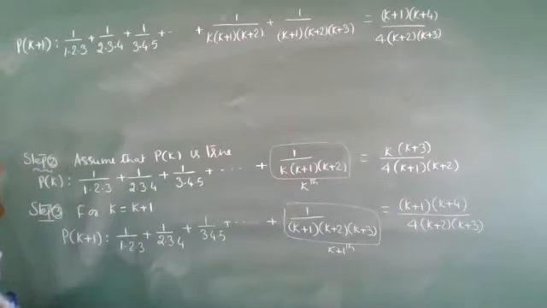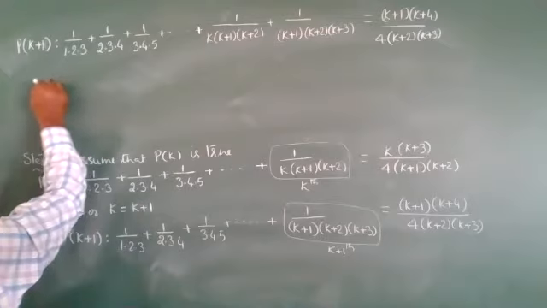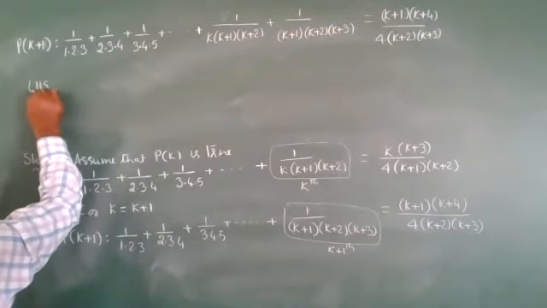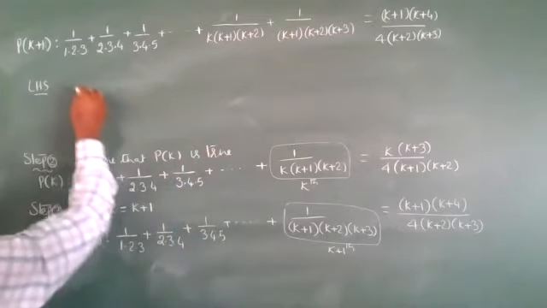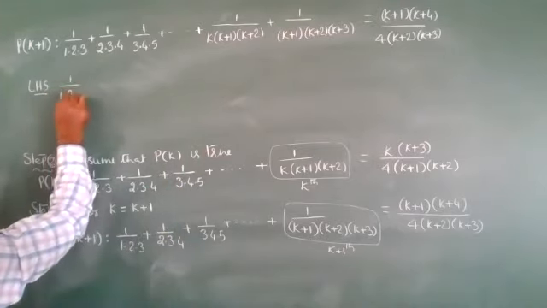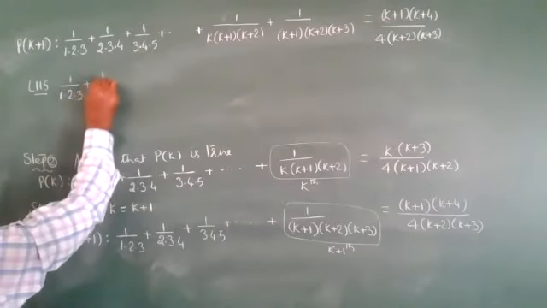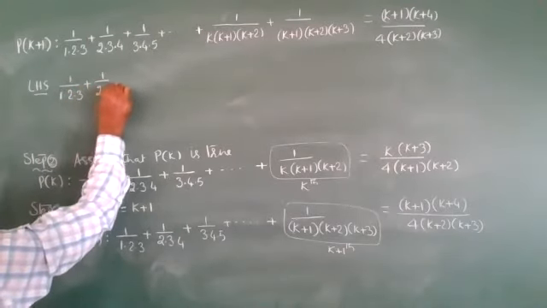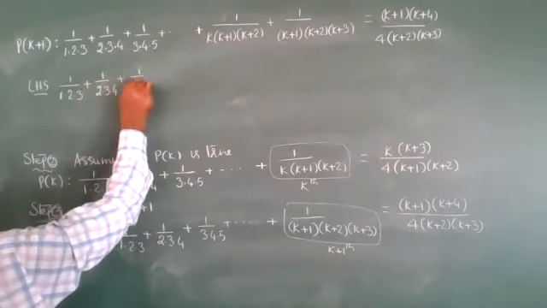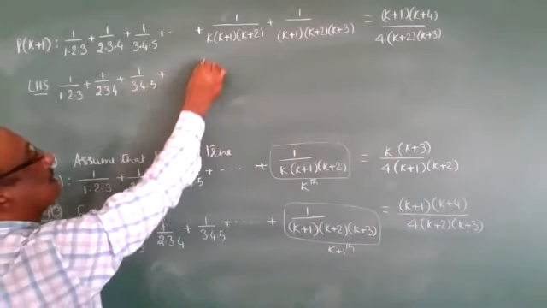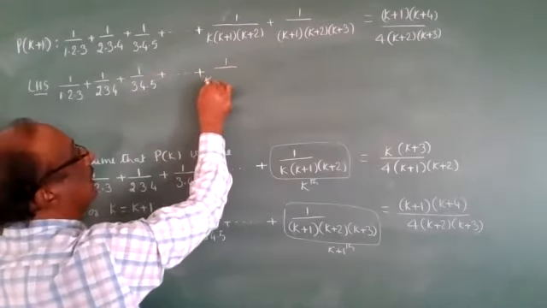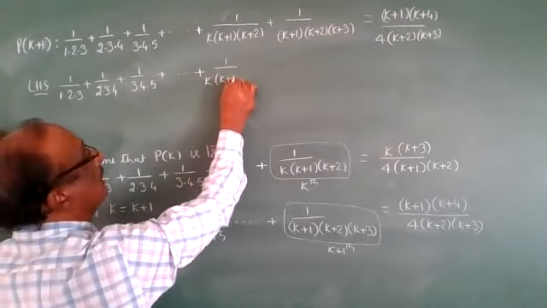Everyone take up to LHS, take up to k terms. So the LHS is first number 1 into 2 into 3, second number 2 into 3 into 4, third number 3 into 4 into 5, and the kth number is 1 by k into k plus 1 into k plus 2.